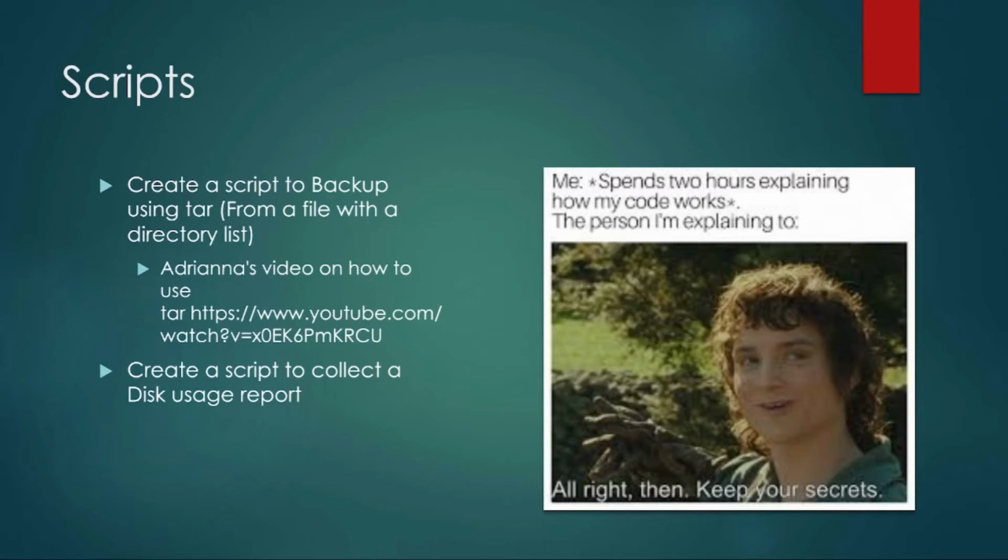Now, another activity that you can do is create a script. So we can create a script to back up, in this case using tar. Now, the reason that the script to back up and script to collect data usage is in the section on installs is because when we do anything with installs, updates, or repositories, it's going to be really important that we can go back if something goes wrong.